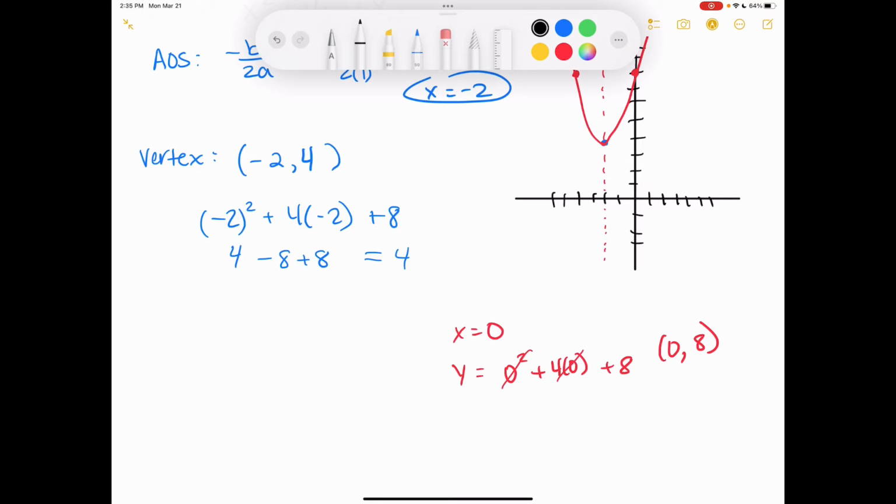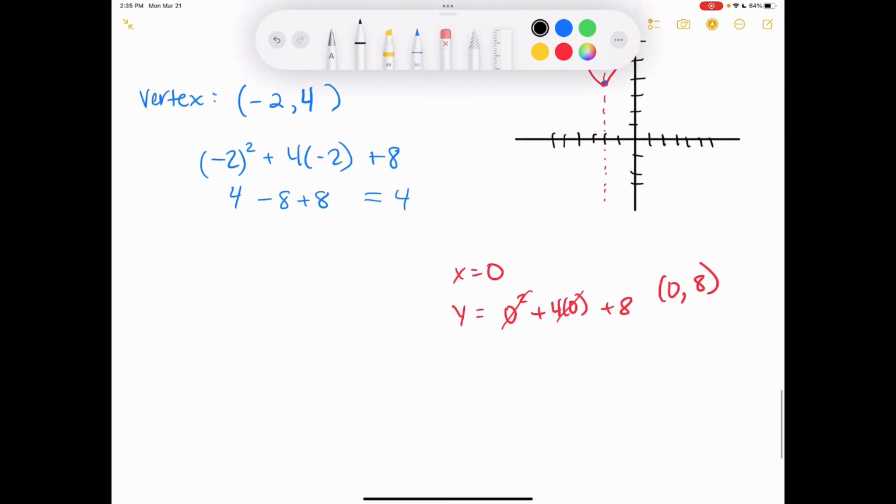All right, so then let's look at another one. Number 18: y equals 5x squared plus 10x minus 3. Okay, so to find my axis of symmetry, I'm looking at -b over 2a.